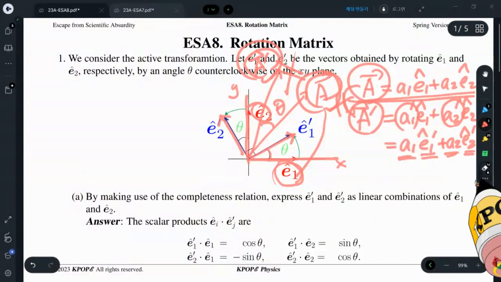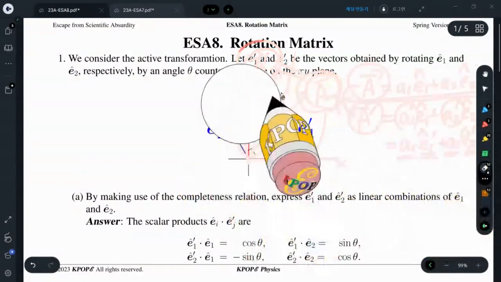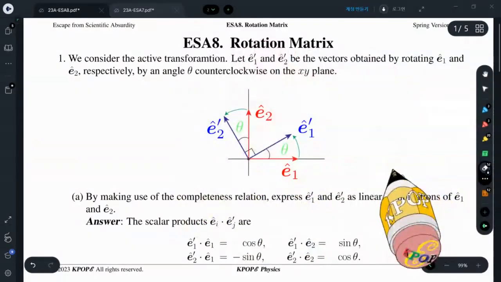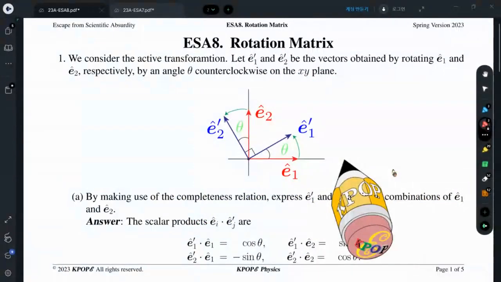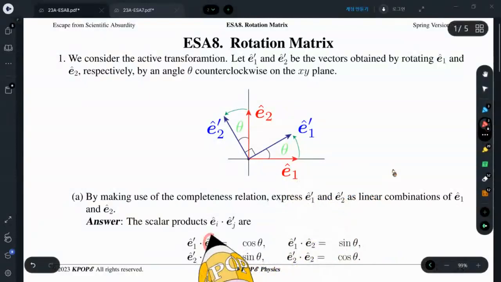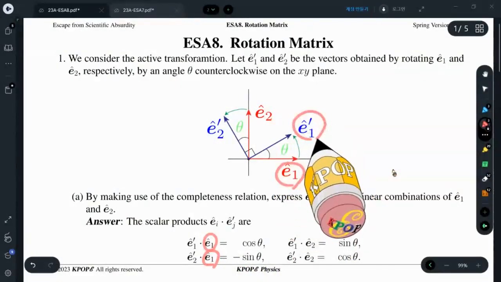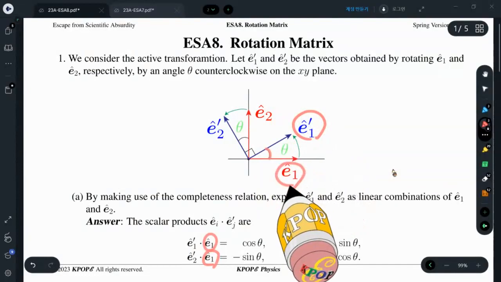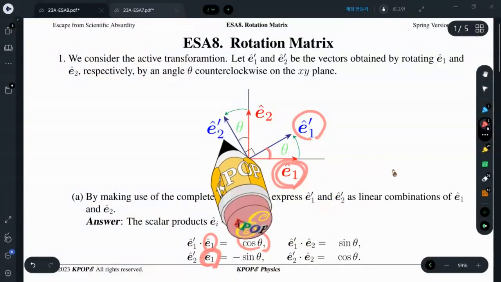Now we need to compute all of the directional cosines. That is the scalar product of any two unit vectors. Relative to E1, we have E1 prime, we have angle theta. It is cosine, right? Relative to E1, we have E2 prime.